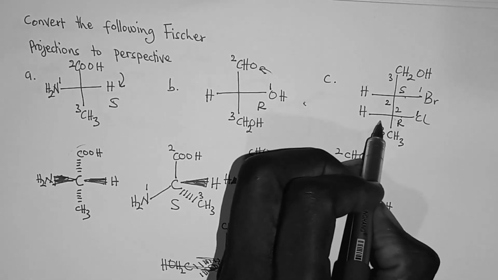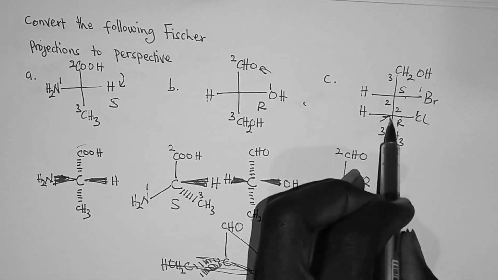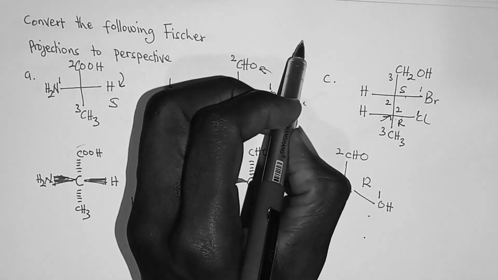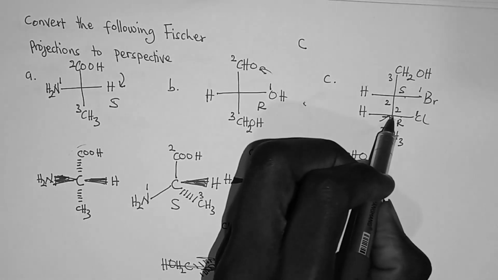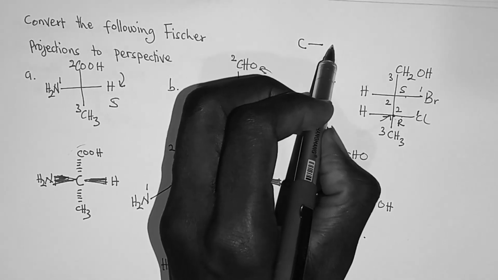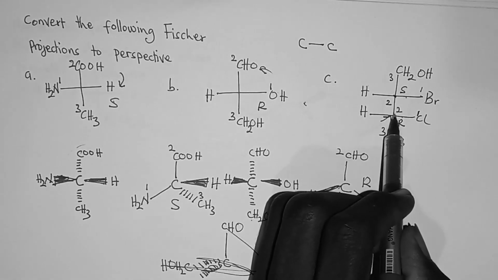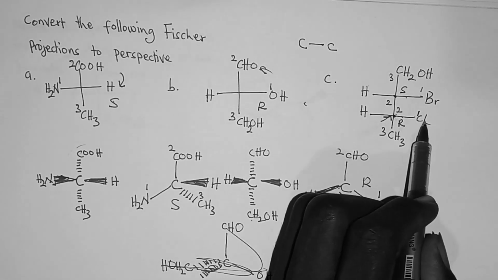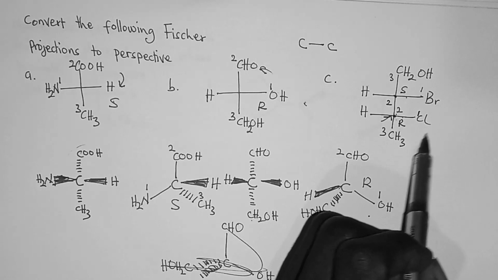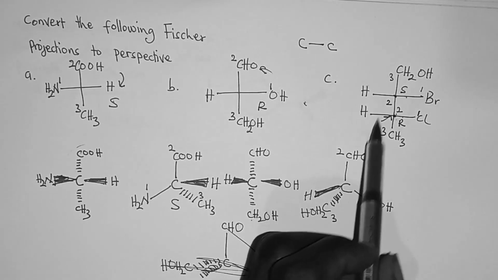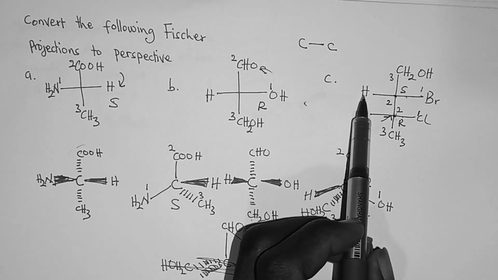We are standing at this point. If we stand at this point and we look up, you will see that our right eye, so this is this carbon here, and then it is bonded to this carbon over here. And if we stand at this point and we look up, you will see that our right eye will be looking at the chlorine and the bromine, and then our left eye will be looking at these protons over here.